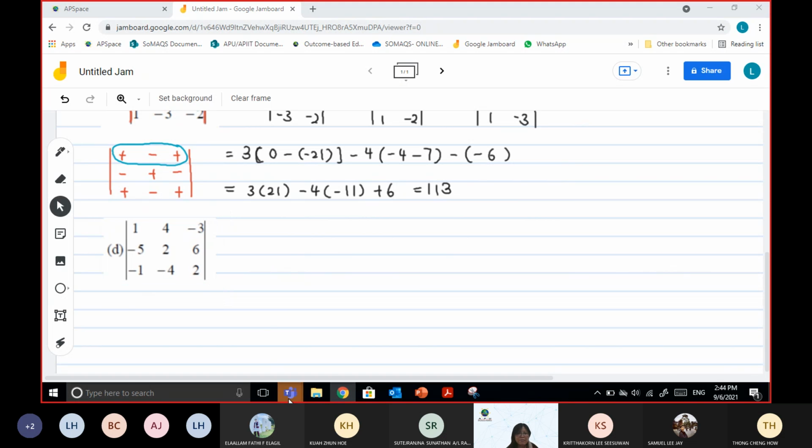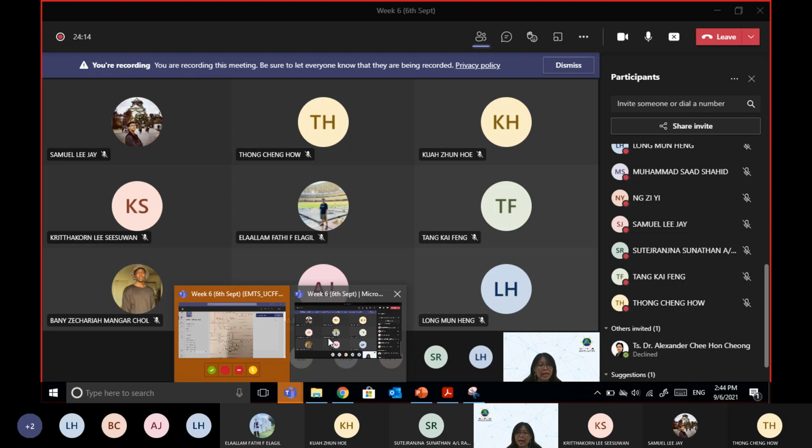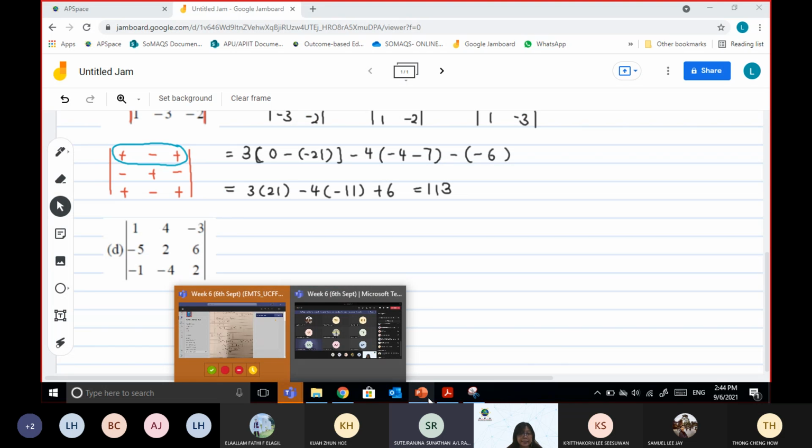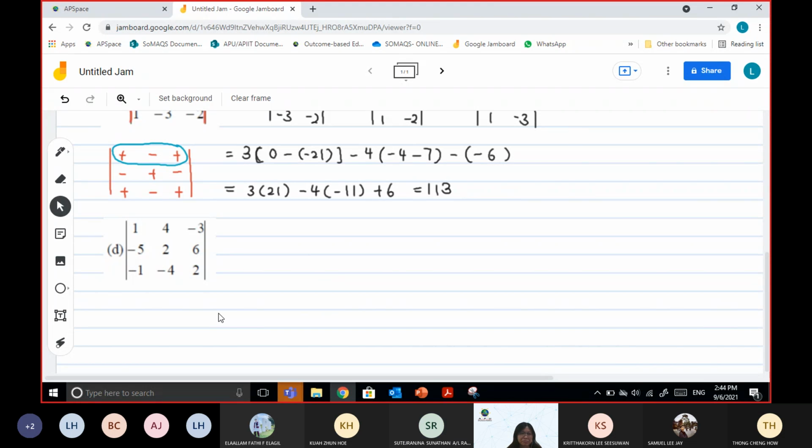Can I have the workings? I'm not sure whether you have done. Kai Feng, have you done the question? Tang Kai Feng, are you here? Not finished yet. Okay, Sutesh, have you done the question? Yes, Miss. Can you show your workings for D? Thank you. Kai Feng, make sure you do it now.